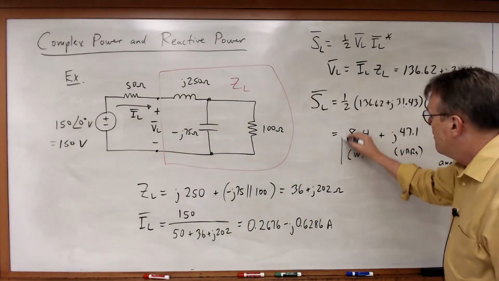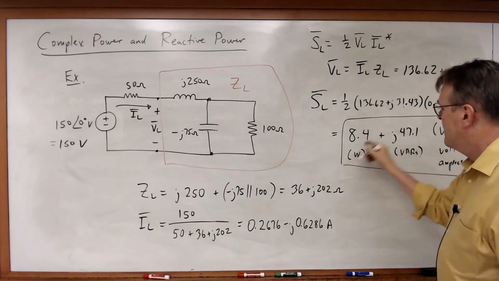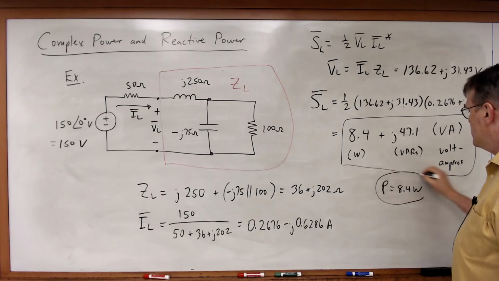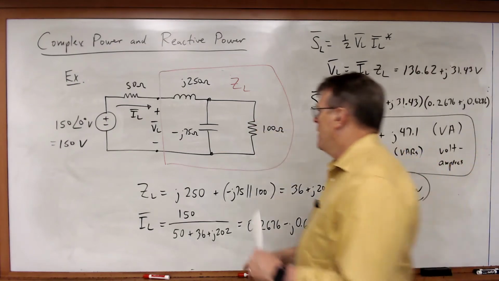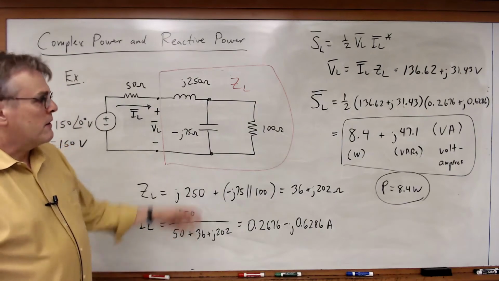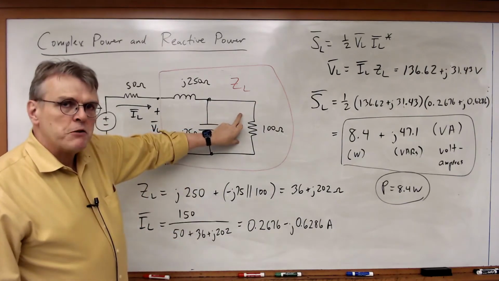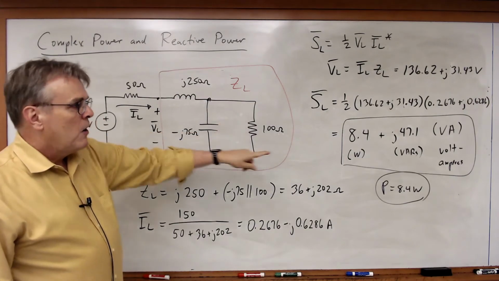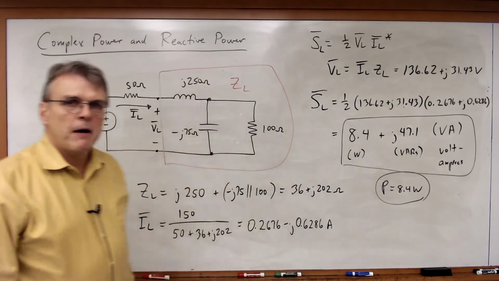Note the 8.4 watts. This is exactly the same answer we got before when we calculated the real power of the load. Only then we found the phasor voltage across this resistor in order to calculate that. Well, now it just drops right out of the complex power function.